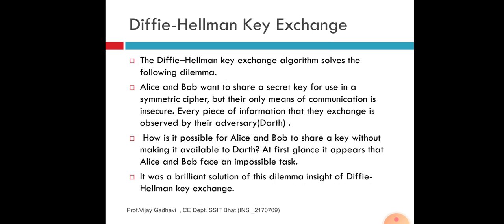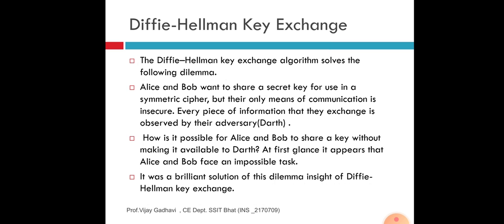Then DH key exchange solves the following dilemma. Both parties want to share a secret key for use in a symmetric cipher, but their only means of communication is insecure. Every piece of information that they exchange is observed by their adversary. That means the authenticated parties face a dark.